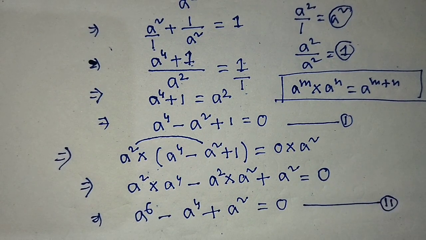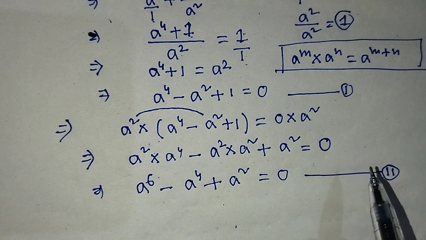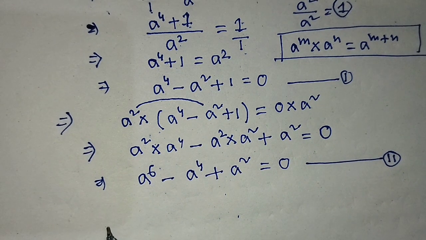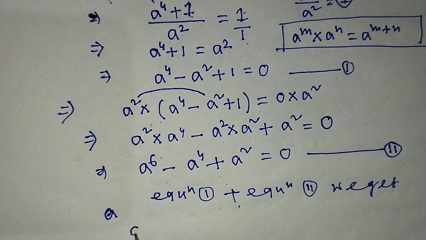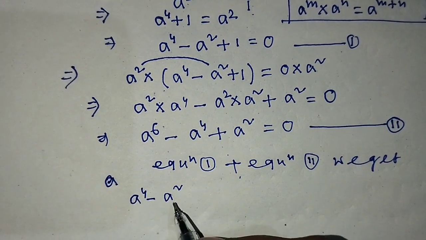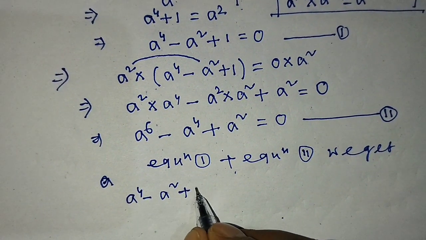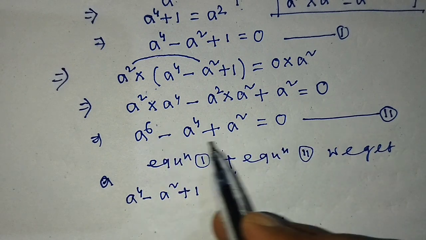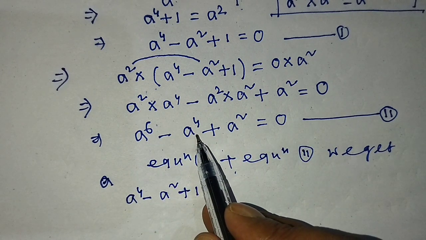So my dear student, now we have to add equation 1 and 2. So we can write in here a to the power 4 minus a square plus 1. And LHS of this equation is a to the power 6 plus a square.